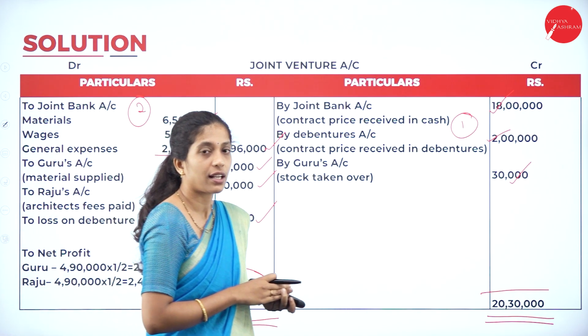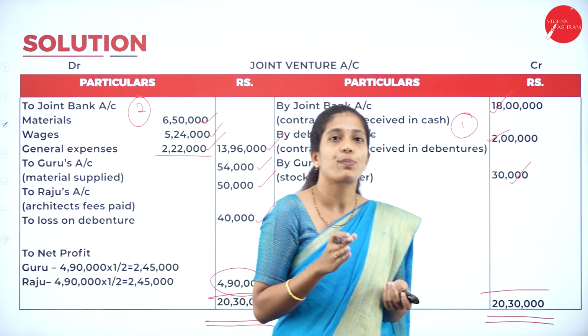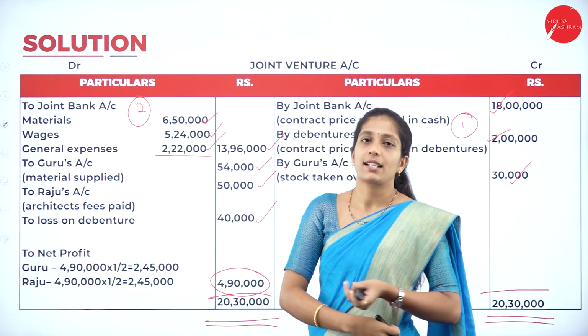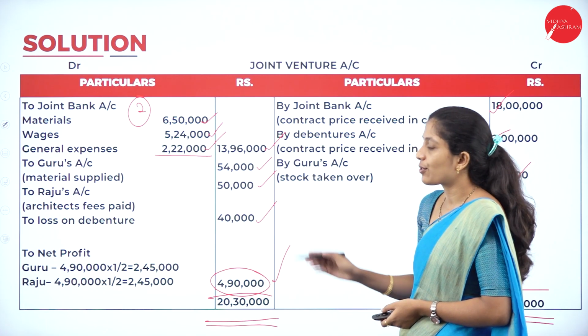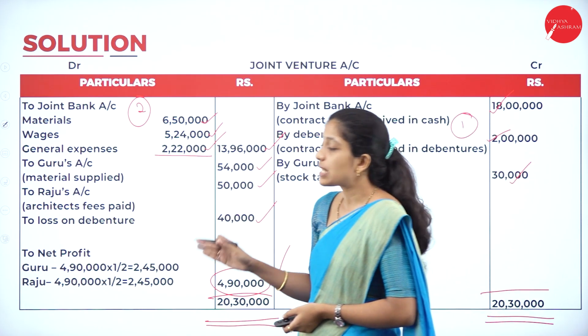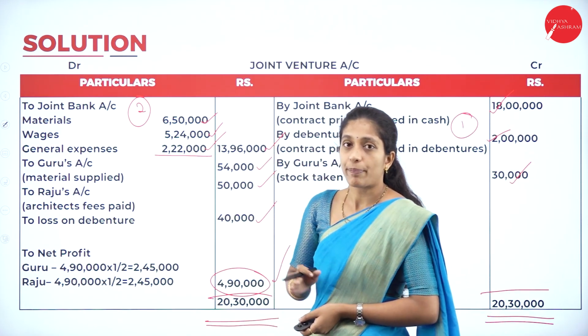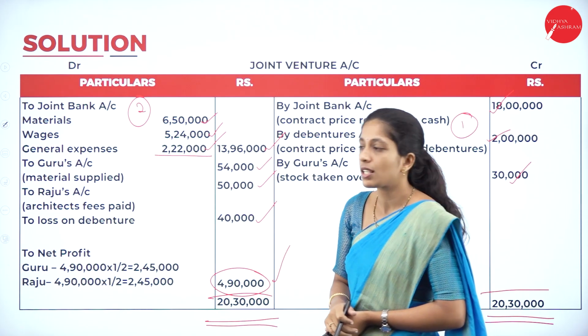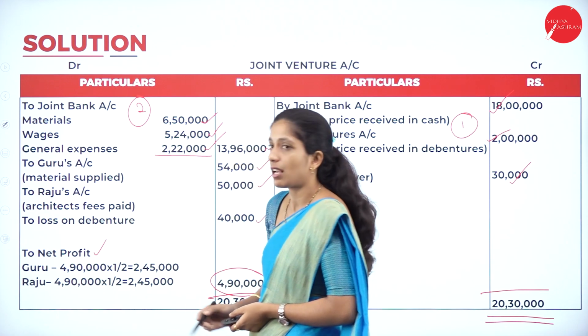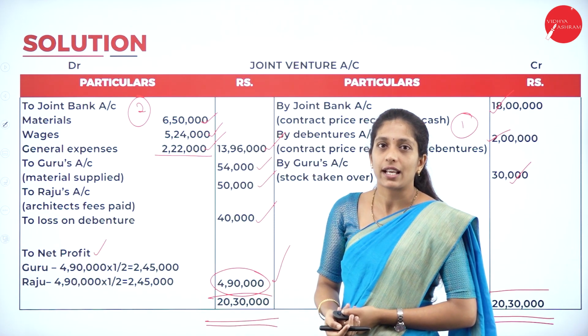It is profit. So that profit has to be distributed among the venturers in their agreed ratio. Now the profit is 4,90,000. So this is what? This is net profit. So suppose if the debit side was more than credit side, it means what? Net loss.